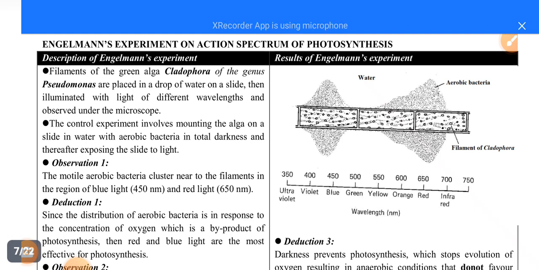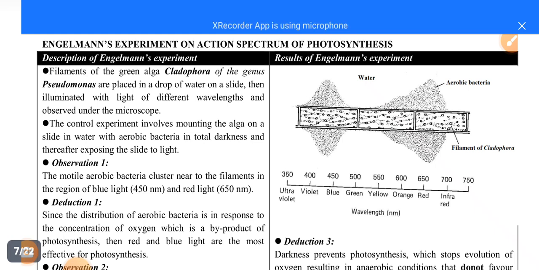So the control experiment involves mounting the algae on a slide in water with aerobic bacteria in total darkness, and thereafter exposing the slide to what? To light.